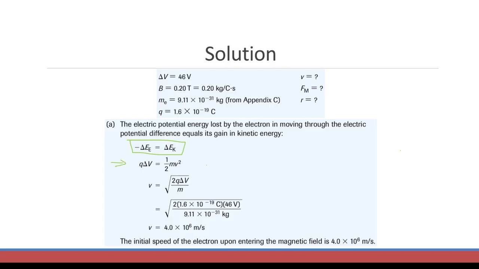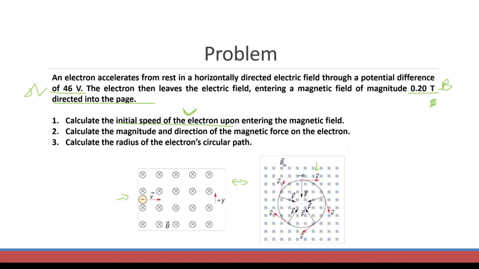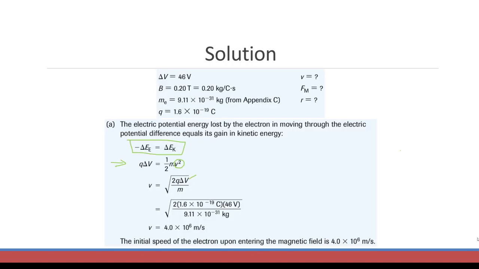Kinetic energy is half mv squared, and so we want to isolate V. We also square root, so we isolate V squared, square root it, and we are given our potential difference, 46 volts, and we know the magnitude of the charge of an electron is 1.6 times 10 to the negative 19 coulombs.